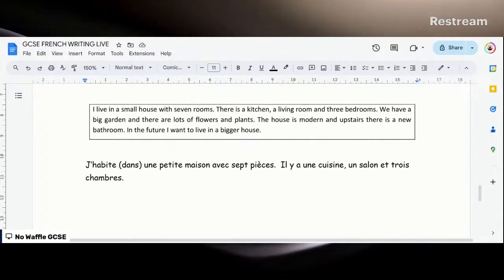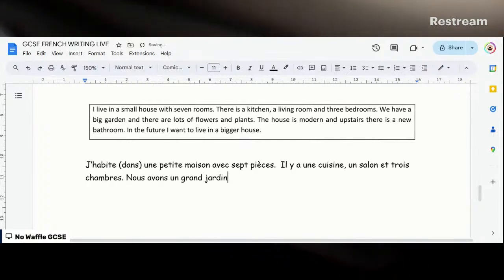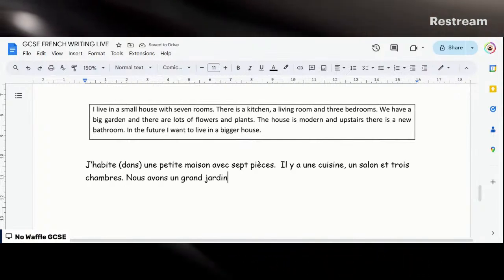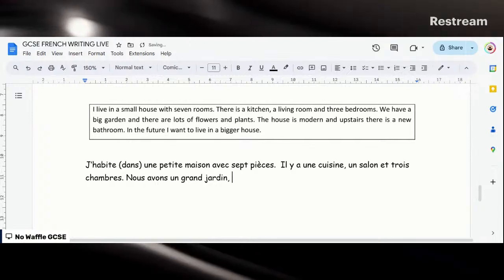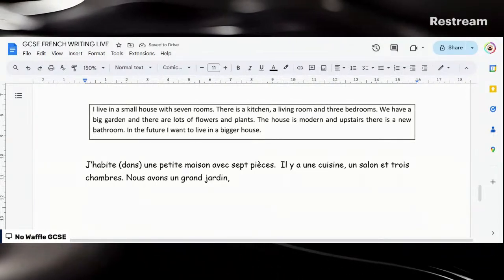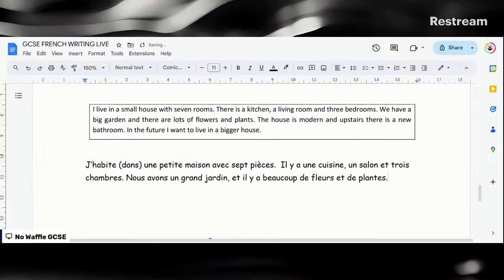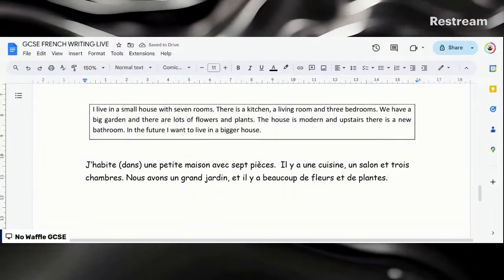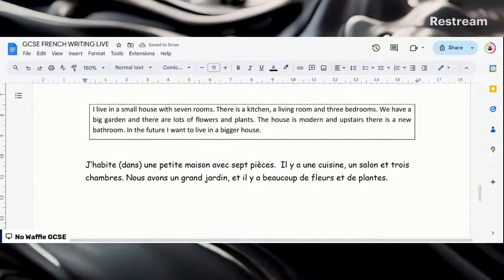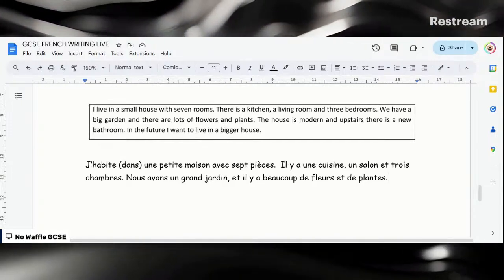Nous avons un grand jardin. And there are lots of flowers and plants: et il y a beaucoup de fleurs et de plantes. So hopefully you know those 2 nouns as well.